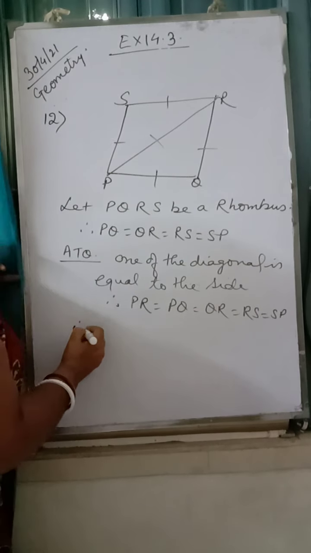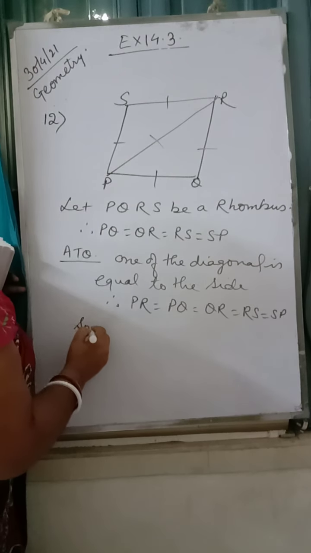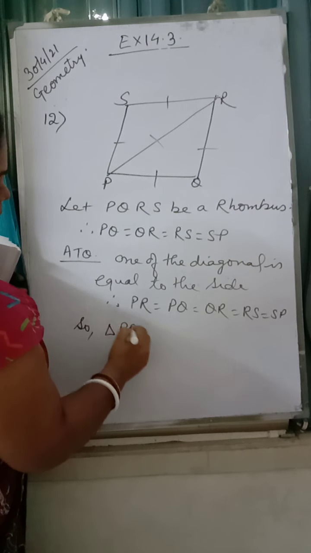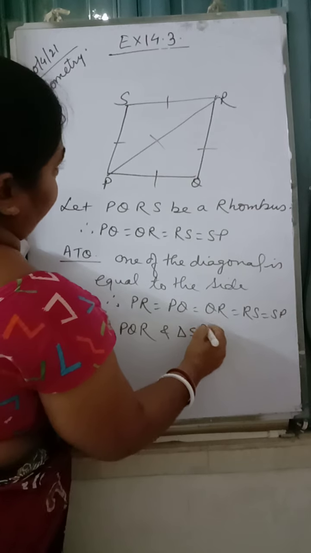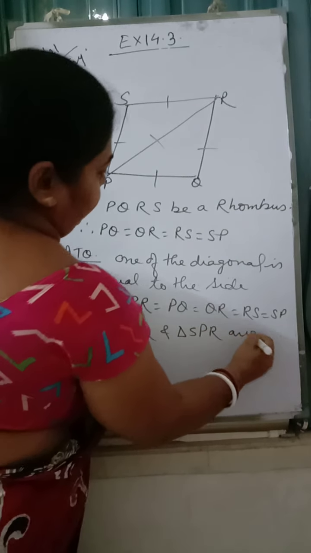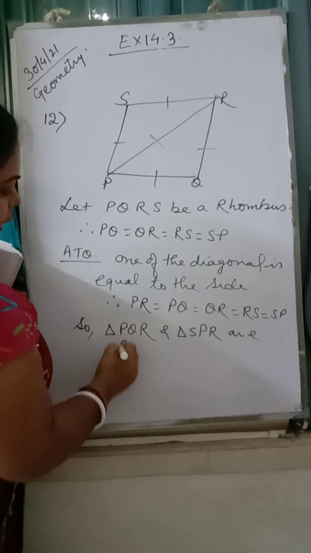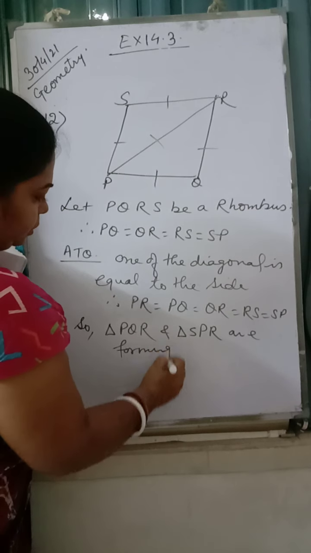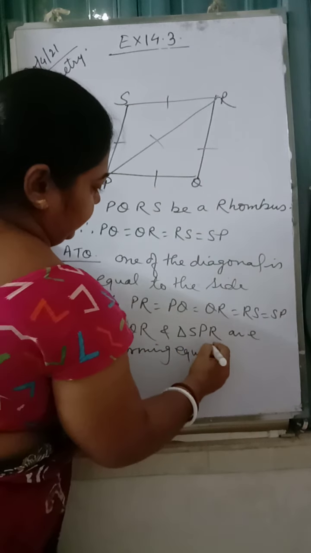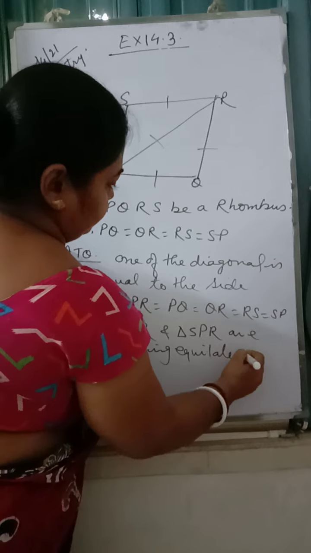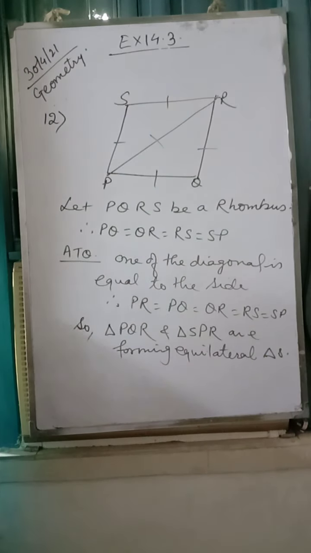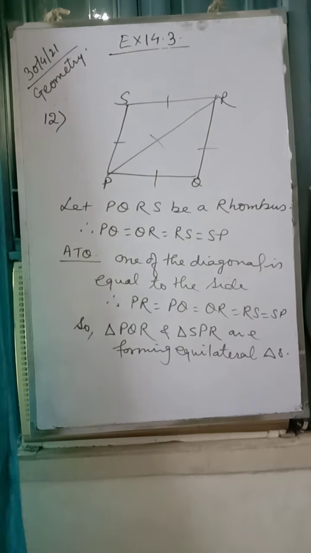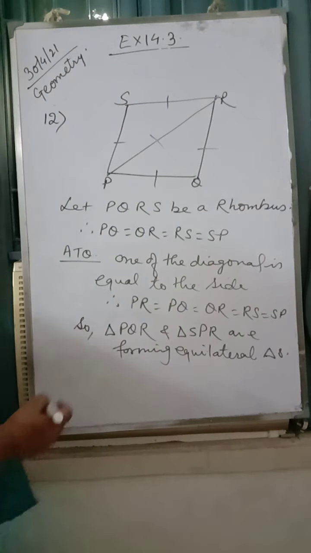So what do we know? Triangle PQR and triangle SPR are forming equilateral triangles. If they are forming equilateral triangles, what will be the angles?